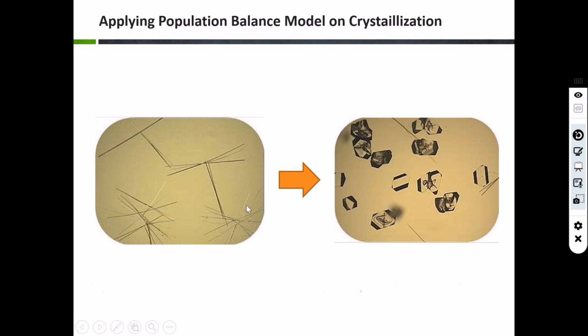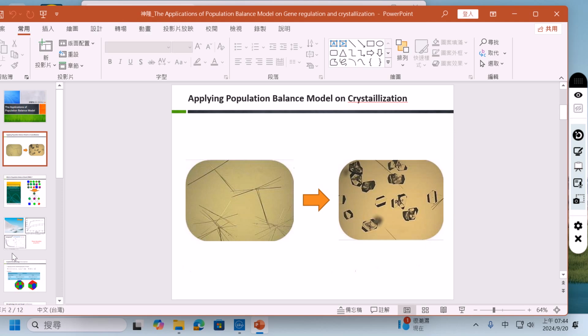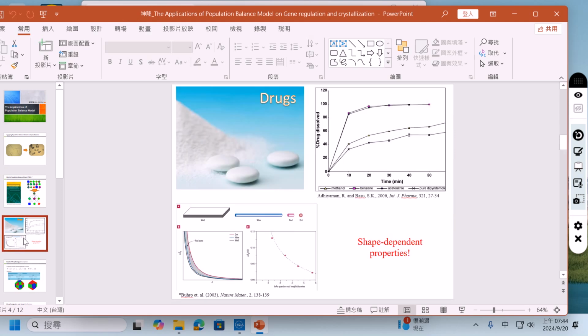So they try to recrystallize those drugs, or those morphologies, and they need to be made into a specific shape. Probably I can show you one. Yeah, this one is probably a better one here.